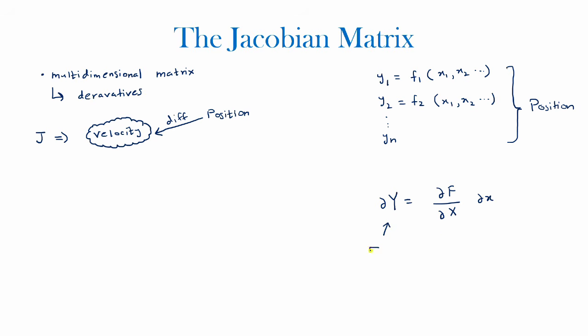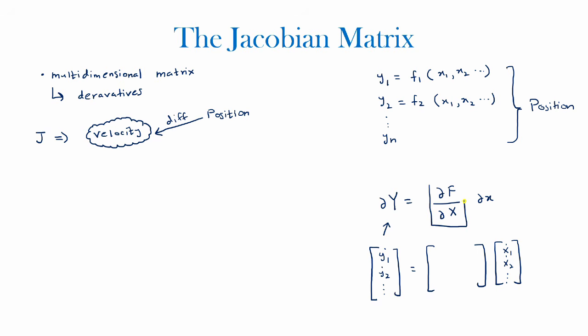And this would actually be a matrix containing y1 dot, y2 dot, and so on, followed by the matrix holding the derivatives of the function times the matrix holding x1 dot, x2 dot, and so on. So this derivative of the function would correspond to this matrix, and that matrix would be the Jacobian.